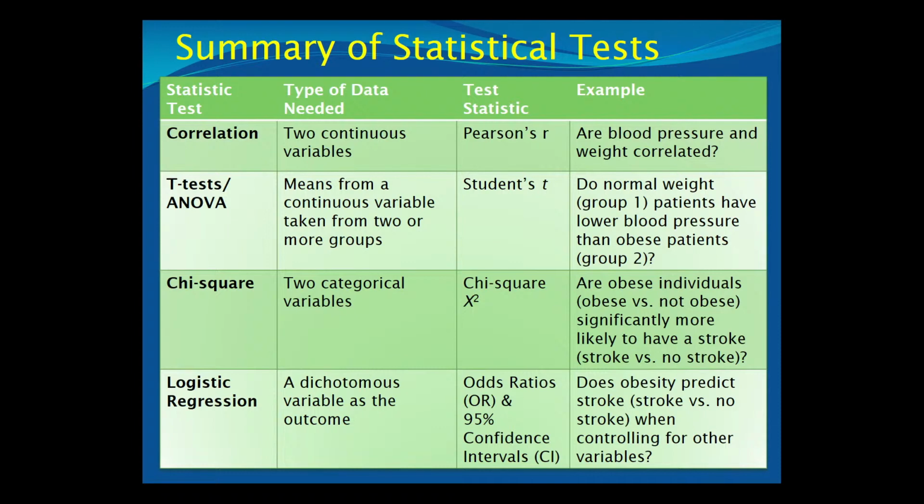For normally distributed variables, we should use Pearson correlation coefficient. For non-normal, we should use Spearman correlation coefficient. Examples are, if we are interested to answer the question, for example, are blood pressure and weight correlated? So you should collect data about blood pressure and weight.